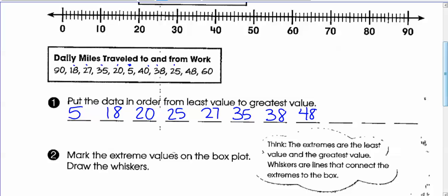I feel like I'm missing something. Oh, 40. I already checked that off before. All right, 40 is next. And then 48, 60, and 90.